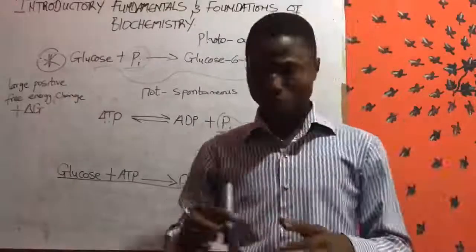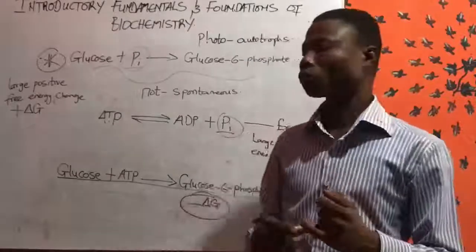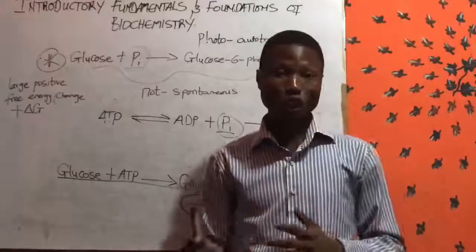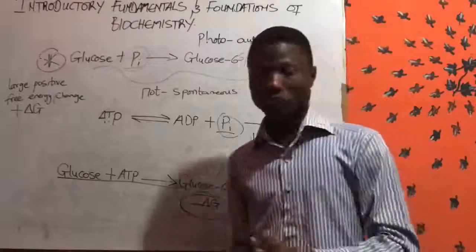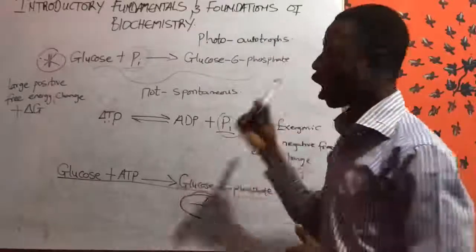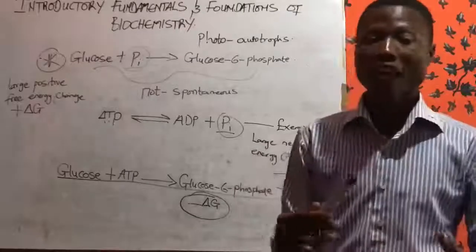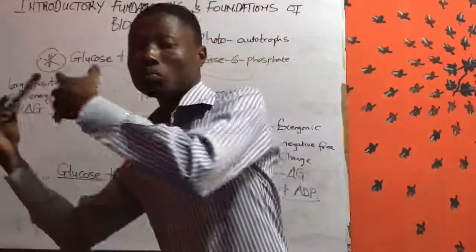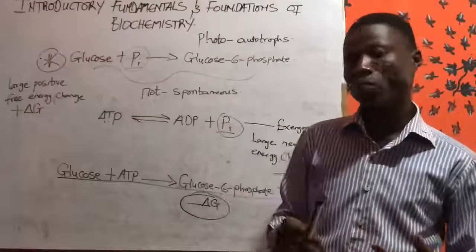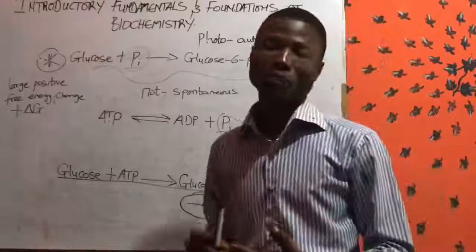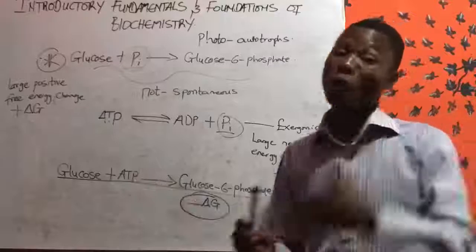Now you notice that the first law of thermodynamics states that energy can neither be created nor destroyed, but can be converted from one form to the other. We explained that when we said our living cell is an open system which exchanges both energy and matter with its environment, and it transforms that energy.